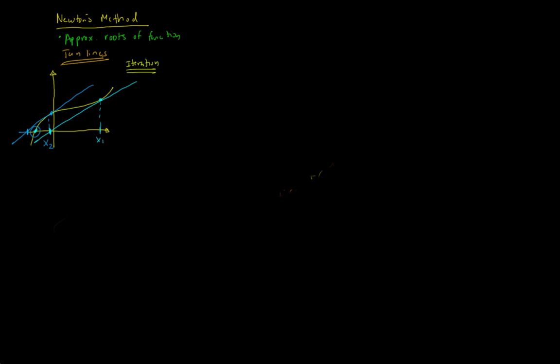Now, the only thing we really have to know in order to use Newton's method is the definition of a derivative. And the definition of a derivative, we all know, is f prime of x is equal to the limit as delta x approaches 0 of f of x plus delta x minus f of x, all over delta x.